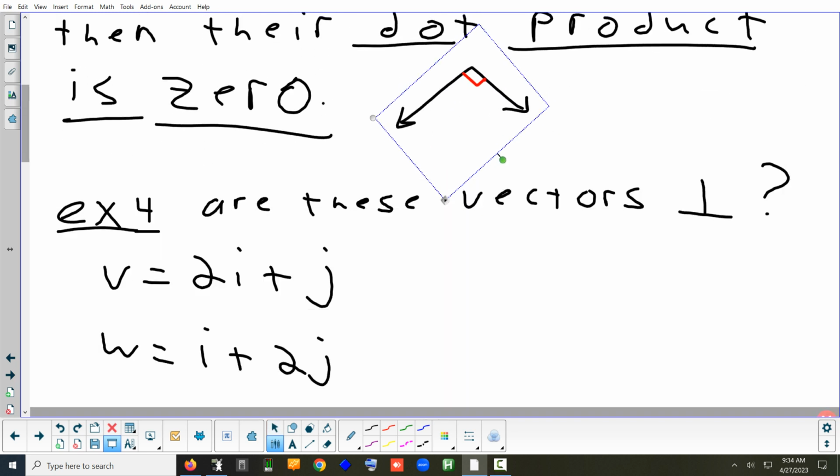Okay. So let's see if these two vectors are perpendicular. Remember, all you need is the dot product. What am I going to multiply here to get my dot product? Exactly. 2 times 1, and 1 times 2.